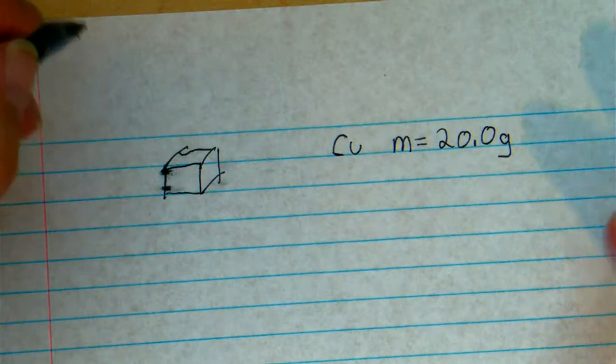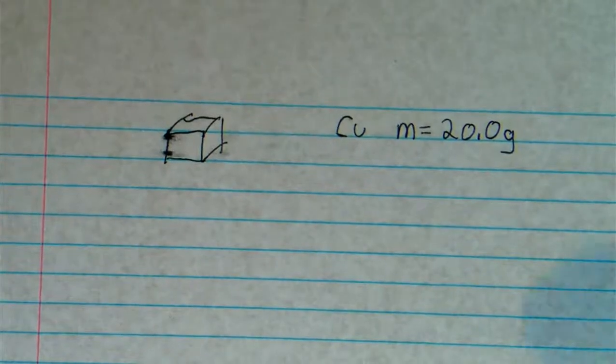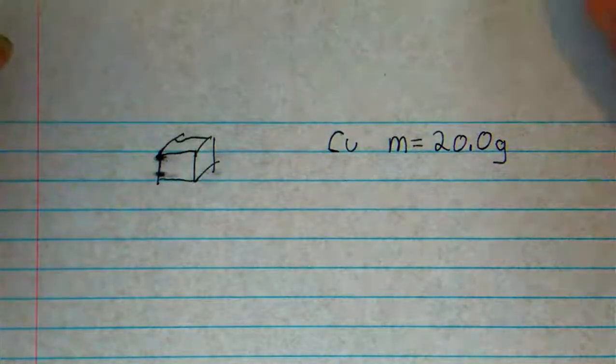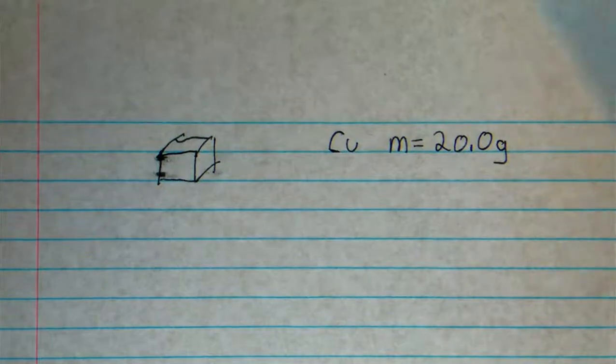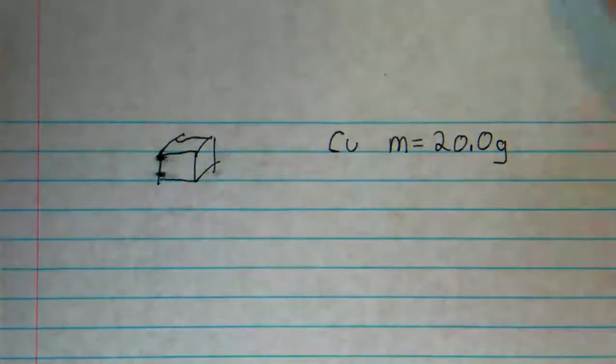And what you would have done in the lab is put this on a hot plate and heat it up, crank it on high for 15 minutes or so to make it really, really hot.